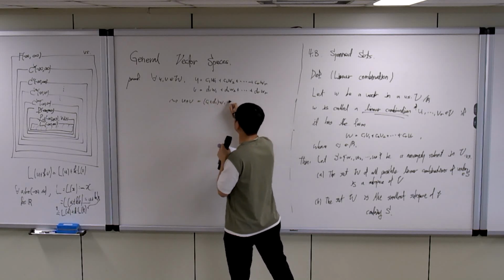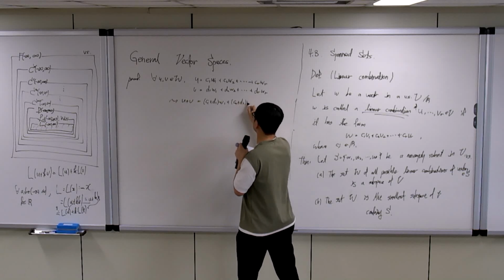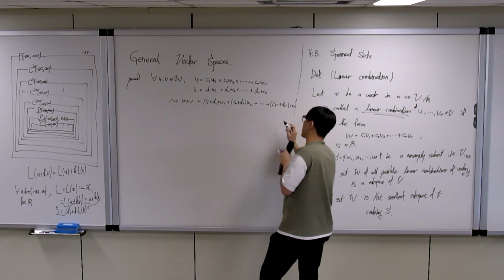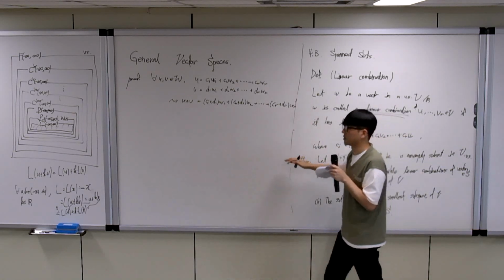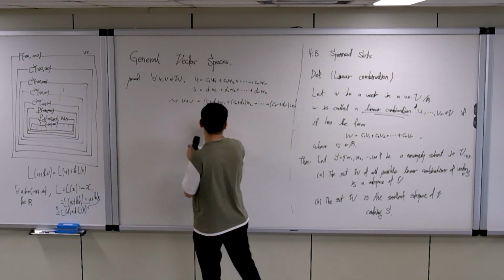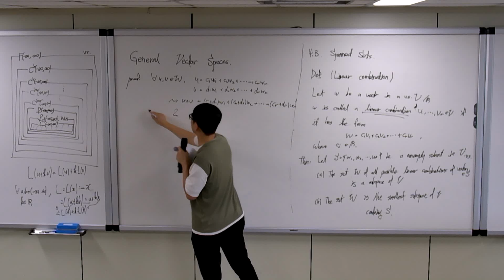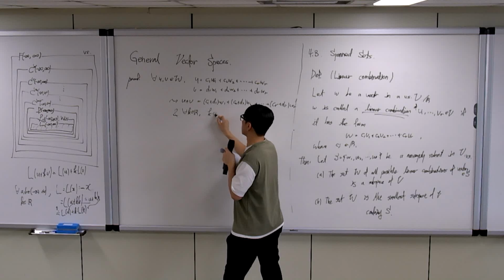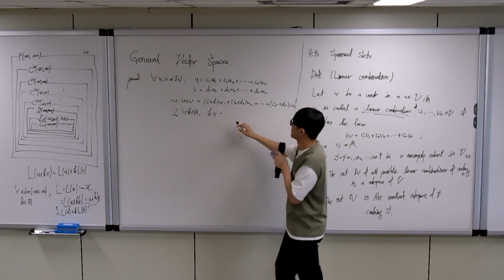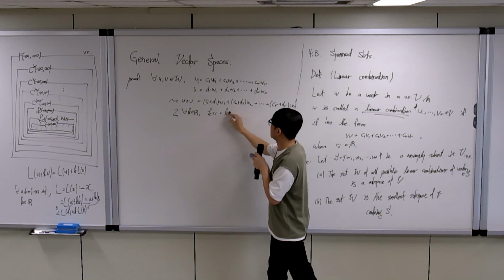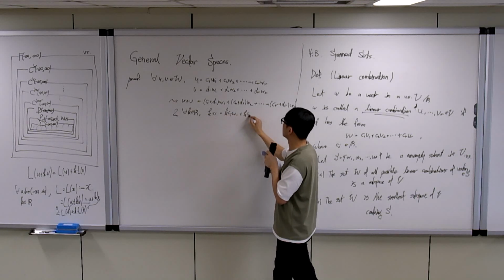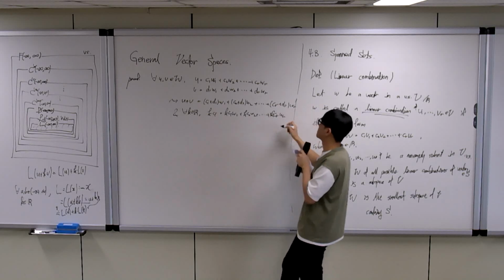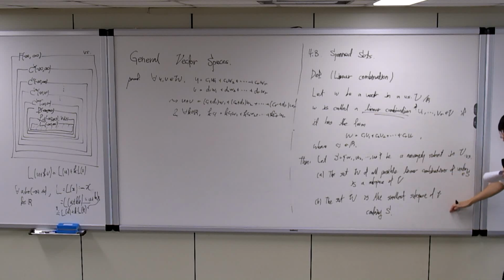That means it gives C1 plus D1 times W1, and so on up to CR plus DR times WR, and so it has the closure property over the addition operation. Also for each scalar K, the scalar multiplication of U is just KC1 W1 plus KC2 W2 up to KCR WR, so it also satisfies the closure property.